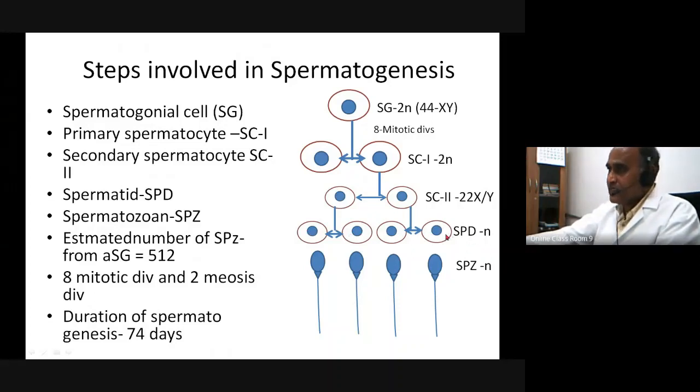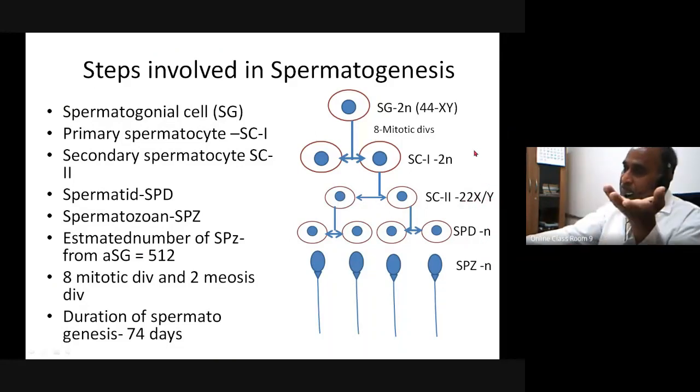That means after the second meiotic division, they form the spermatid. Again the chromosome number is the same, 22X or 22Y. So 22X becomes a female baby, 22Y becomes a male baby.